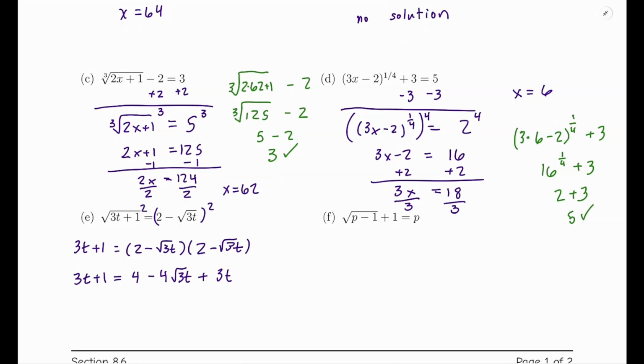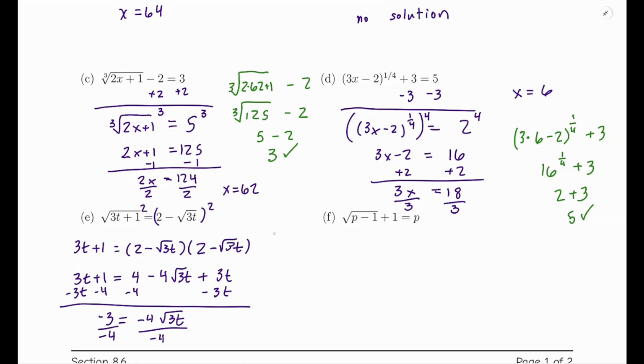So now we have a radical in our solution still. So we have to get that radical by itself. So I'm going to subtract 4 from both sides and subtract 3t from both sides. We get negative 3 equals negative 4 square root of 3t. Divide by negative 4, divide by negative 4.